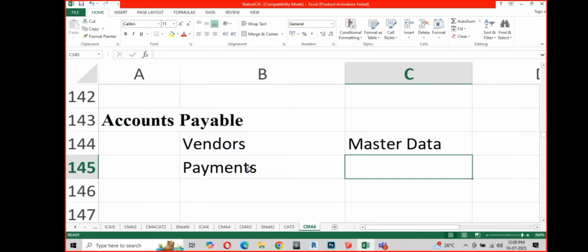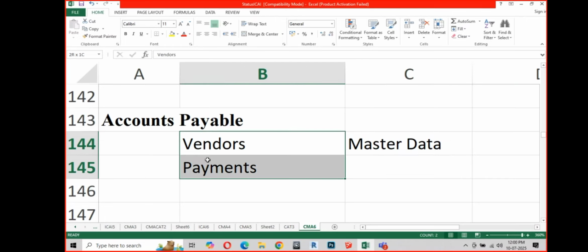So who's the vendor? What is the name? Where is he located? Who is the contact person? His email ID, his contact number, all these things, and his bank information. And I just wanted to talk about something very interesting.